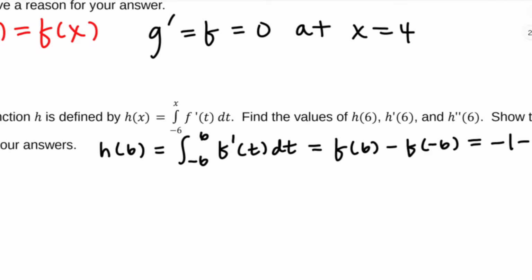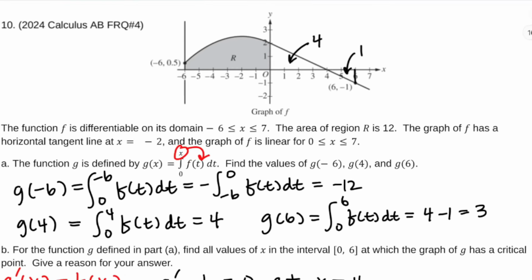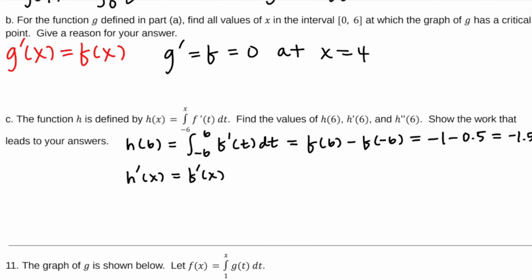And now, if I take the derivative of h, that would be h prime of x equals f prime of x. Kind of a weird identity, but h is going to be f, separated by a constant or something. Maybe it's probably h of x is equal to f of x minus a half is what it's going to be. But that's not what's important here.